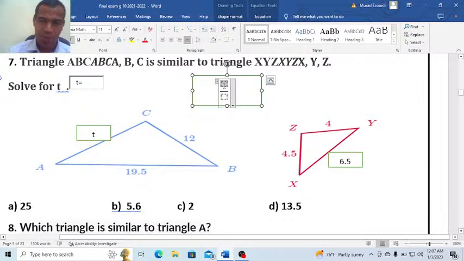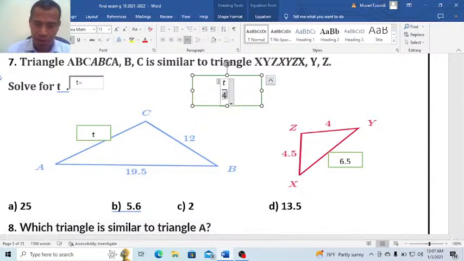So I will write AC divided by 4.5, that is T divided by 4.5.